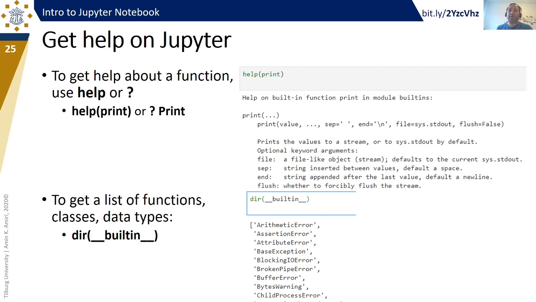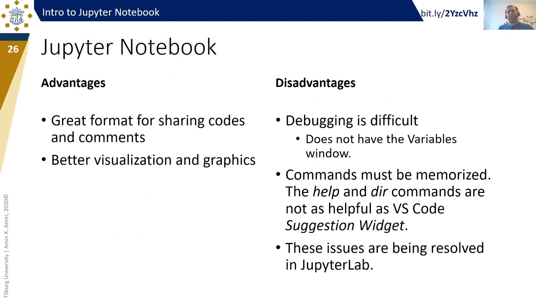If you want to get a list of all functions, classes, and data types, you can just type dir, two underscores, builtins, and another two underscores, and then you see a list of all functions, classes, methods, and data types that you can use. So getting help on Jupyter is also a little bit tricky.